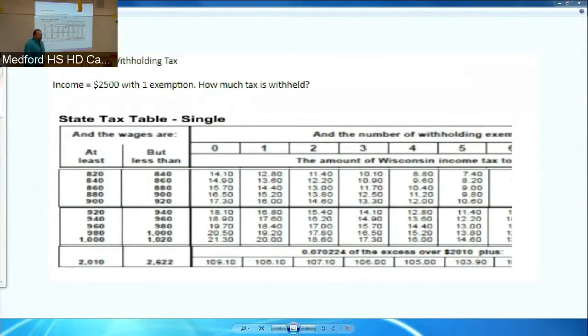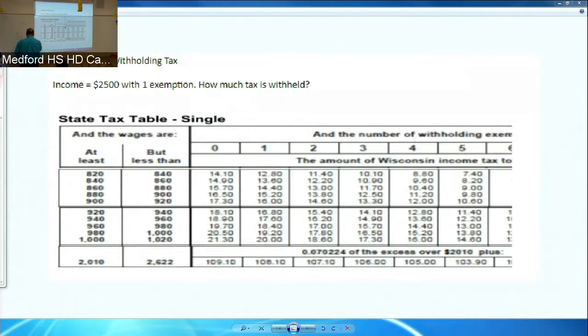What is the excess of 2,500 over 2010? Let me simplify this. How do you even figure that out? Simply subtract, right? So I'm going to subtract 2010 from 2,500, and I get 490.